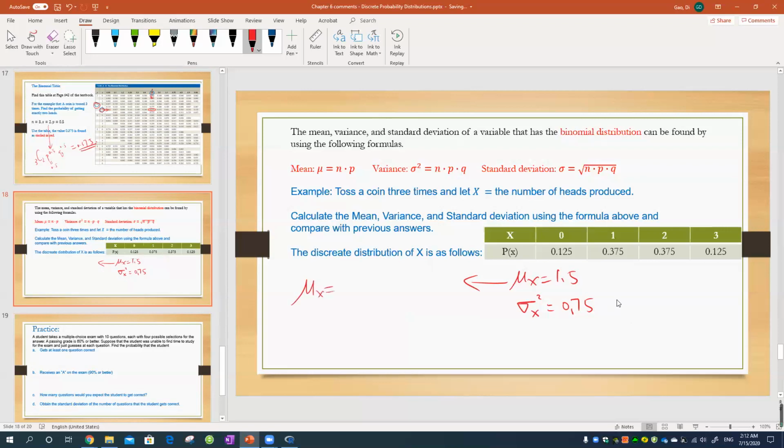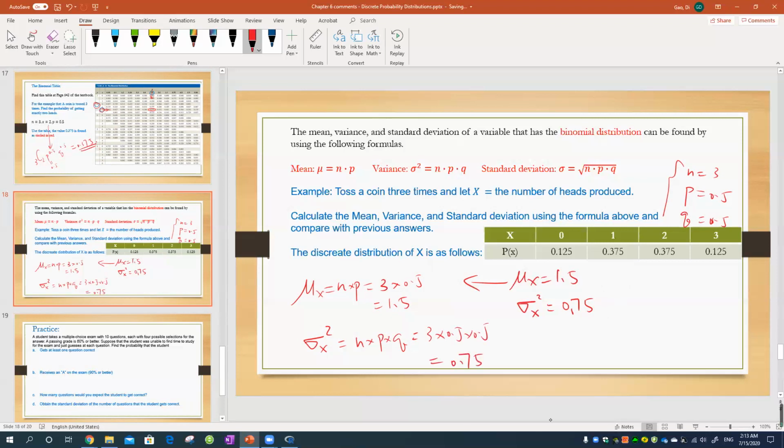So mu of x equals n times p. So n is 3, we know that already. p equals 0.5, q equals 0.5. So 3 times 0.5, that's 1.5, no problem. We verified that. And then for sigma squared, which is the variance, that's n times p times q, which is 3 times 0.5 times 0.5. That's going to be 0.75. So no problem. And then for standard deviation, that's going to be the square root of 0.75 as we calculated before.